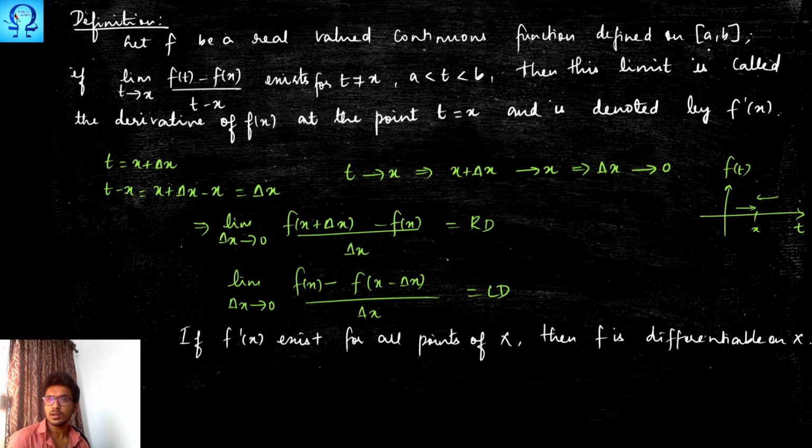Initially we have taken the function defined on the closed interval [a, b]. In the closed interval [a, b], can we talk about left and right derivatives? At the point a we can talk only about the right derivative, and at the point b we can talk only about the left derivative. The other cannot be spoken of in these cases, right?